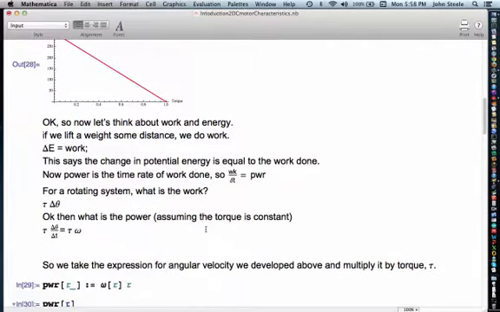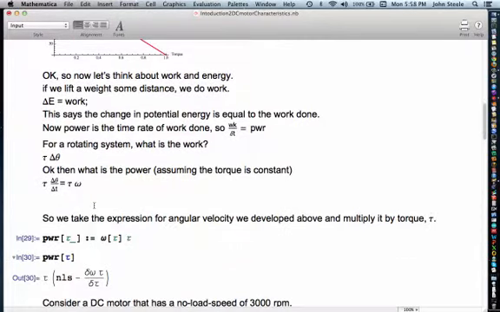Okay, so we know that work's equal to the change in energy, and in particular if we do a lift, we lift some weight through a distance, then we've done work. And if we take the time rate of work, then we have power. Okay, so if work is also torque and angle, then power of a rotating body is torque times the angular velocity.